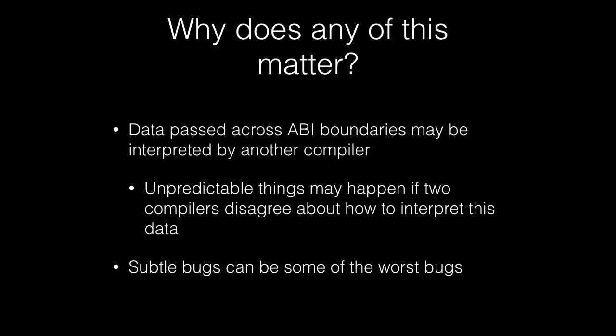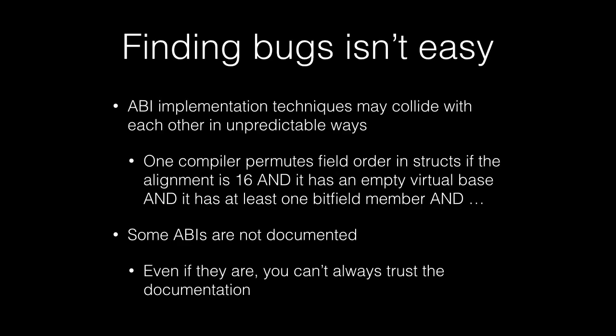Nothing scary is happening. But unfortunately for us ABI implementers, the ABI kind of intersects itself in very unexpected ways, right? Like you might not be able to easily predict what might happen when ABI feature X and ABI feature Y collide, and you get something really weird.